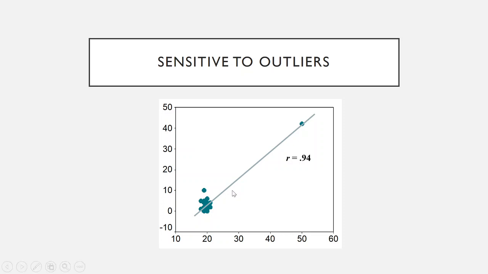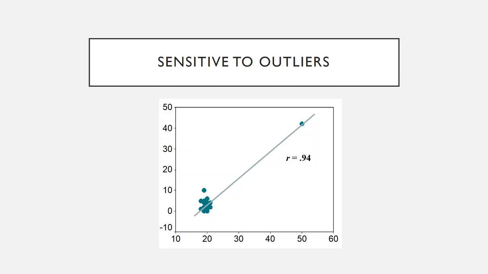But that data point all the way up in the top right corner greatly skews the correlational value that you end up computing after you run your numbers. That single outlier, a very extreme score that's out of step with the rest of the data points, by itself can impact the numerical outcome that you obtain.